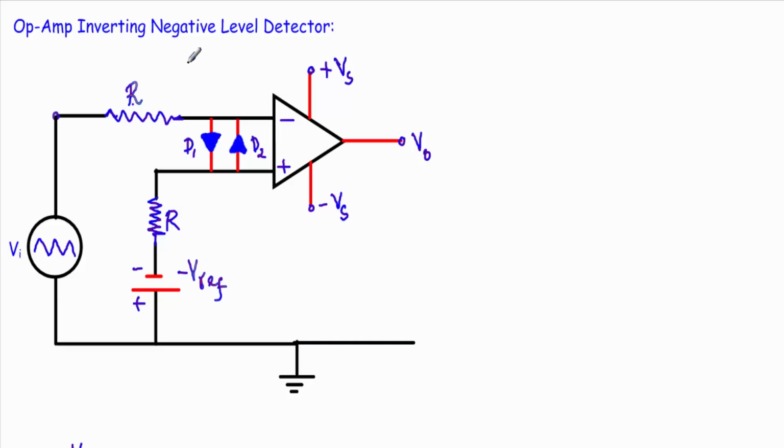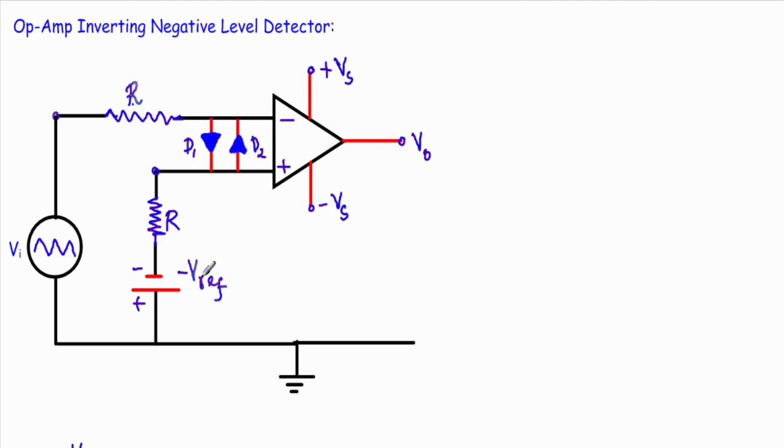In this video, I'm going to show you the operational amplifier inverting negative level detector circuit. Why is this called a negative level detector? This circuit is also an operational amplifier comparator circuit in which we apply an input voltage Vi and a reference voltage, but this time we apply a negative reference voltage at the non-inverting terminal.